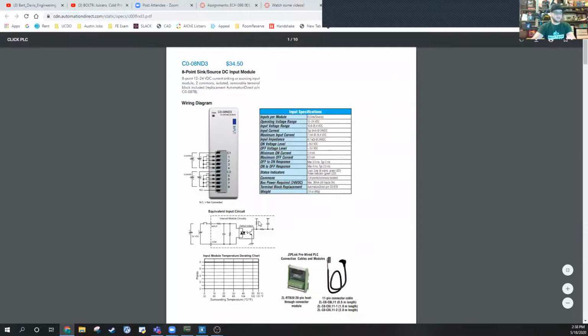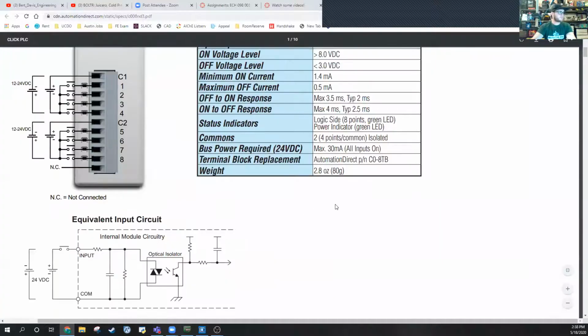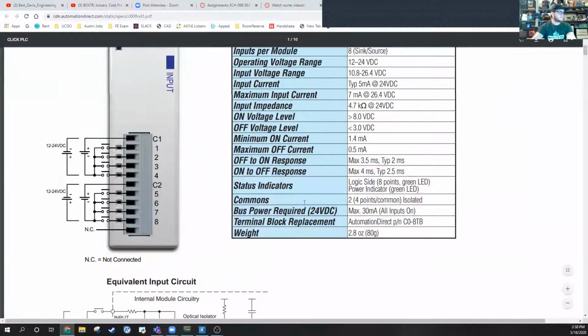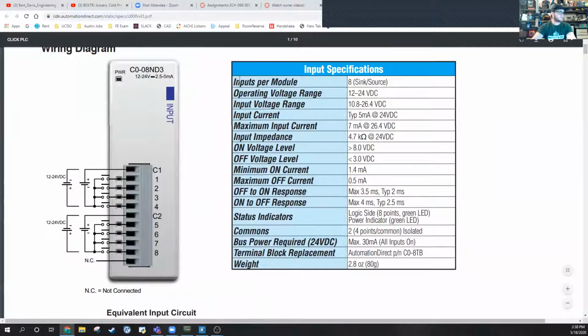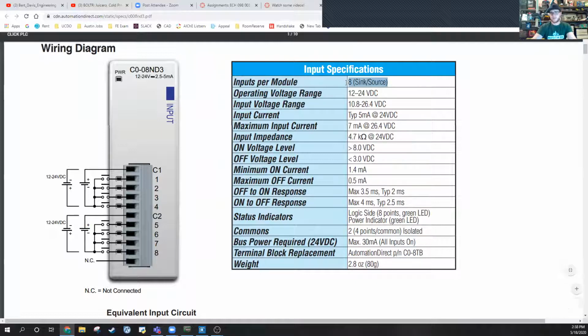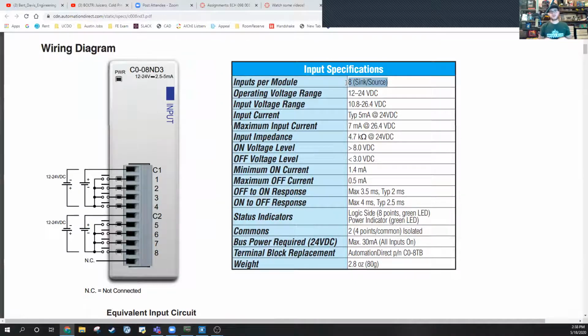And if you look here, the inputs per module under the specs, it says sync source. Okay, so that means we can wire this for syncing, or we can wire this for sourcing, i.e., we can wire it NPN or PNP. We just got to know what we need and do it that way.